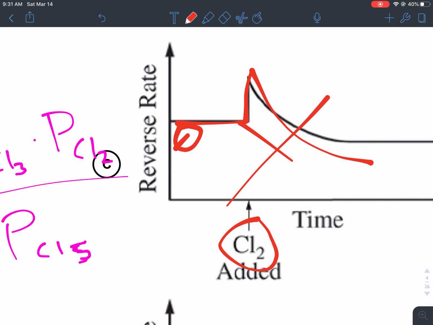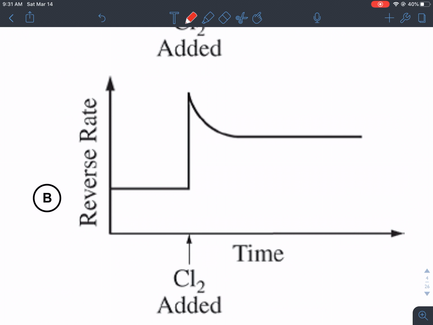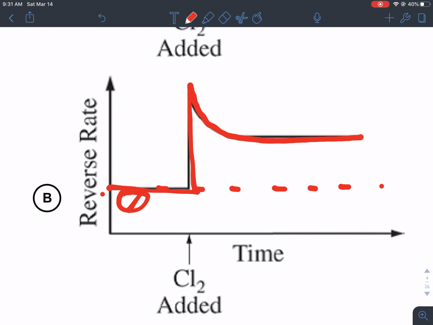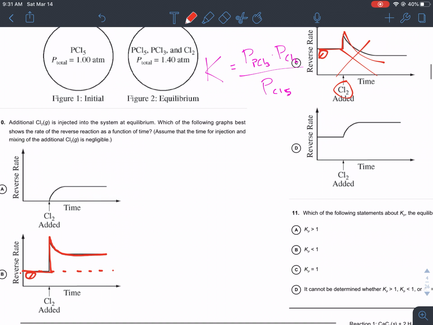So this is wrong. The correct answer is B. But you guys get what I'm saying. Like this B, the initial amount was 0. Shouldn't that be down here? You know what I mean? I didn't like the way it was drawn, but the initial amount was 0. You spike up in Cl2, and as it decreases, oh, actually, I don't think that's what it's saying now that I think about it. But either way, the answer is B. All right.